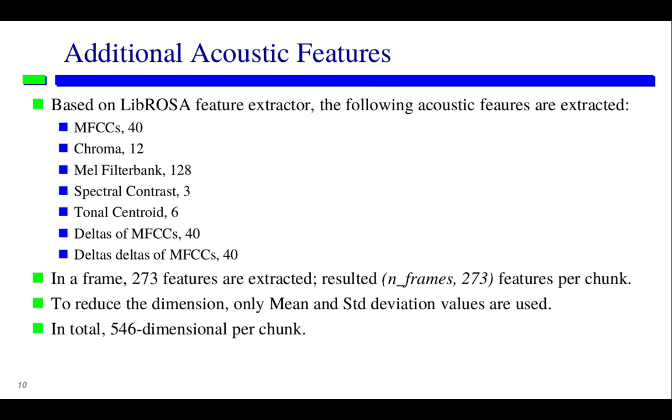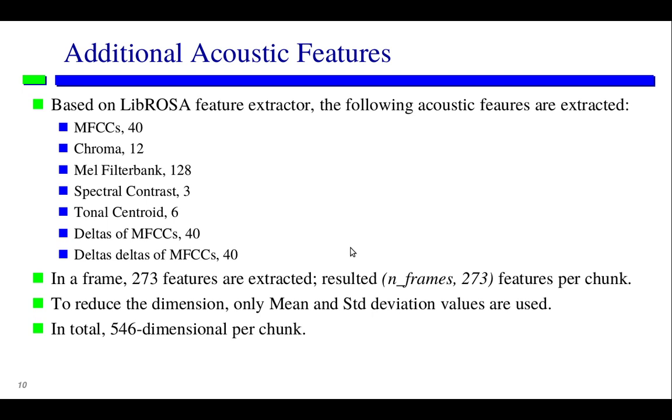And from my proposal, I add one more feature based on the Librosa feature extractor and my other research and my professor's research. So I compound acoustic features using 40 MFCCs, 12 chromas, and then filter bank with 128, and then spectral contrast, centroid, MFCCs, and delta MFCCs. The total is 273 for one frame.